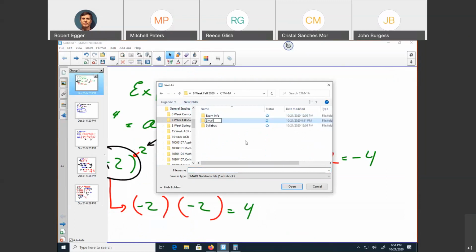Oh, wait, I'll spawn forward. Shoots. What's today's date? Today is 21. October 20th.